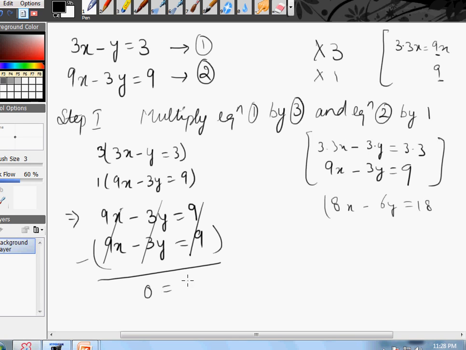Therefore, we are left with 0 equal to 0. Friends, in this case we have no variable, but this statement is true because 0 is always equal to 0.